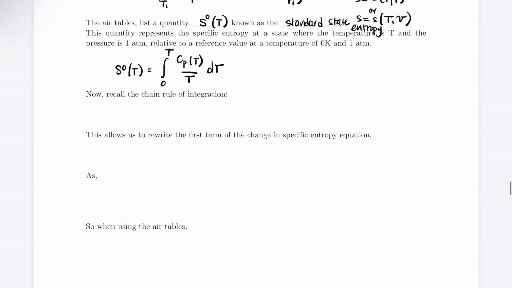Okay, so if we remember the additivity rule of integration, which says if we have the integral from a to b of f of x dx plus the integral from b to c of f of x dx, we can write this exactly the same as just integrating straight from a to c, right?